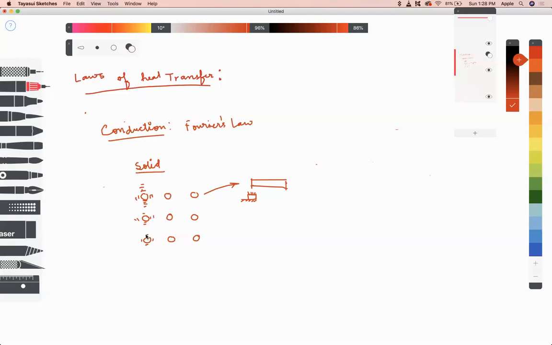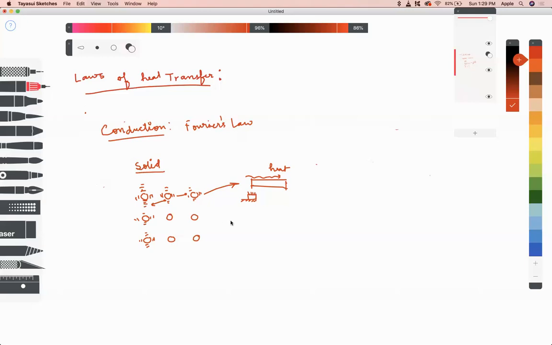Now when the vibrations are increasing, there is a chance of collision between the atoms, and as a result the vibration will be passed on to the next atom, and so on and so forth. It will keep on traveling. While vibrating, it will collide, and the vibration will travel from one end to the other. This is how the heat will move from one end of the metallic bar to the other.